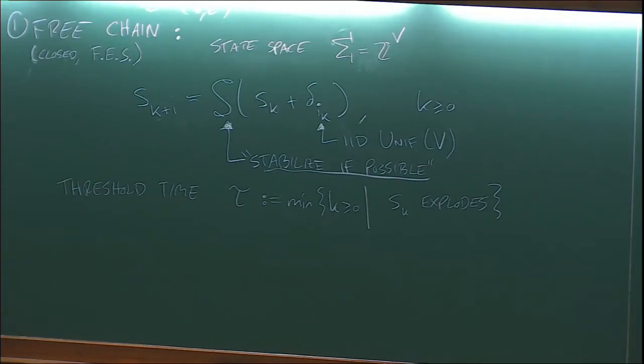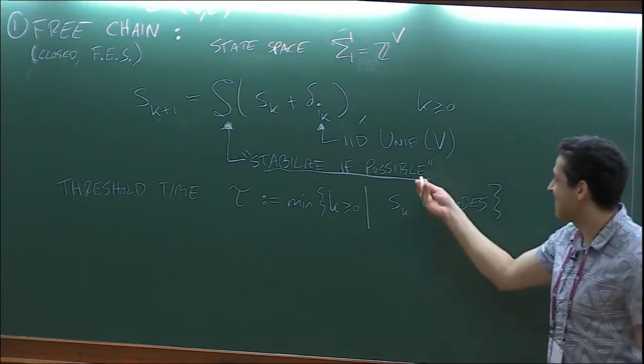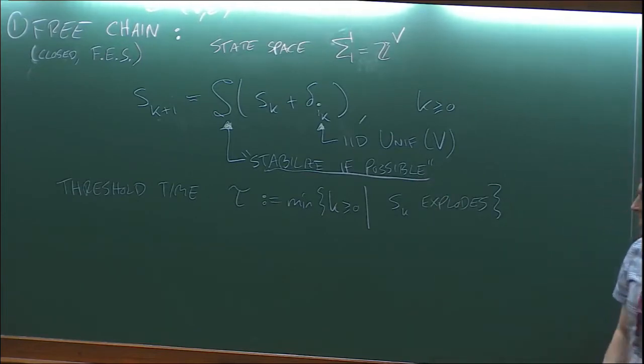Okay, stabilize if possible means that you perform topplings. I didn't tell you in what order to perform them, because we will see it doesn't matter. Okay, so this is a good question. How do you know if you're looking at a sandpile, whether or not it's going to stabilize?